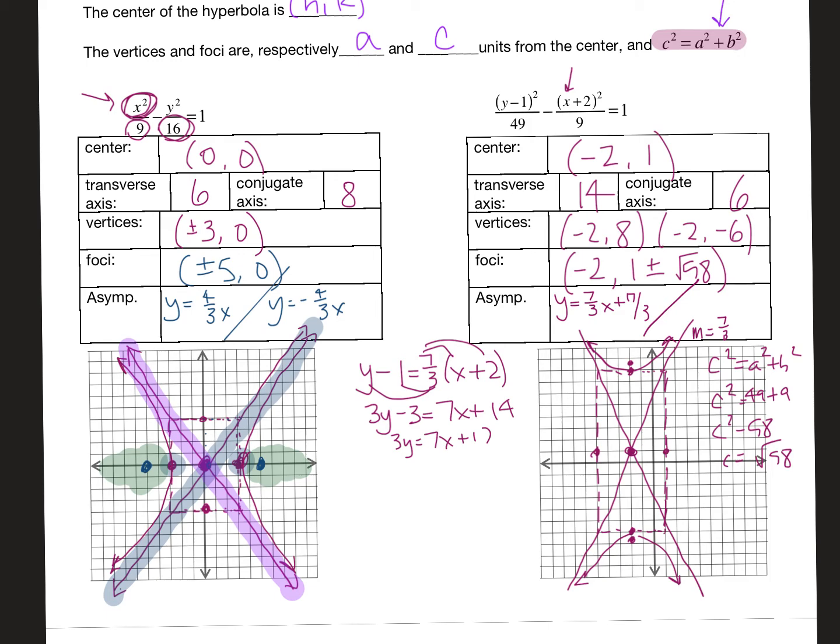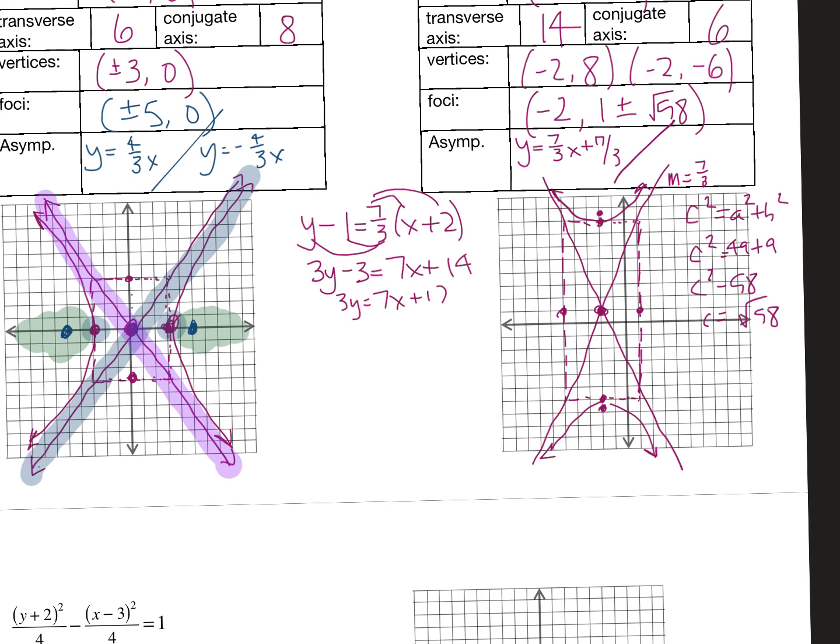Okay, now the other one. The other one has a slope of -7/3, but the same dot. It's still going through here. So y minus 1 is equal to -7/3 times x minus x.